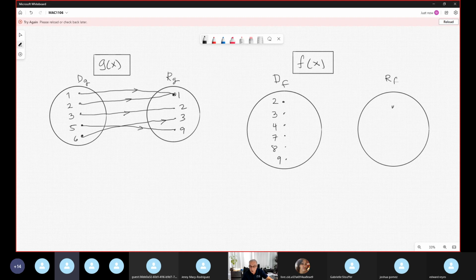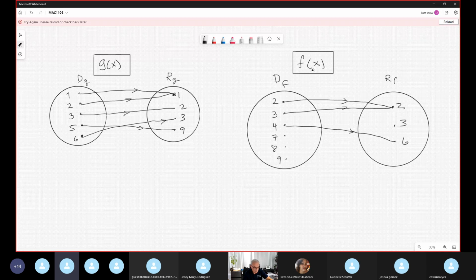And here the range is 2, 3, and 6. 2 connects to 2, 3 connects to 2 also, 4 connects to 6, 7 connects to 6 again, 8 connects to 3, and 9 connects to 2. Wow.